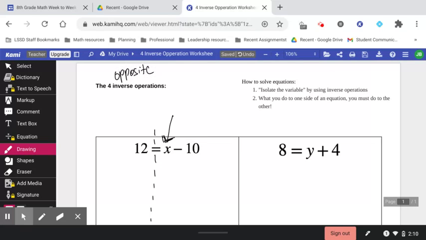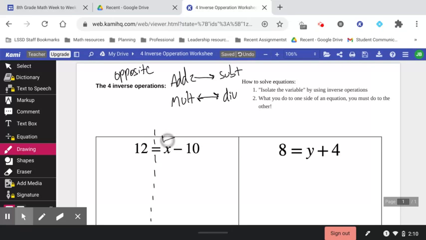Now, the main inverses we use are addition and subtraction. So I'm going to say add and subtract. And then we also use multiplication and division. So those are our main inverse operations.